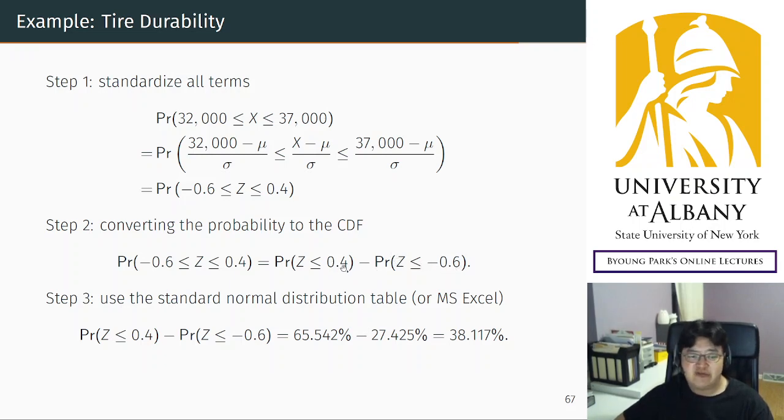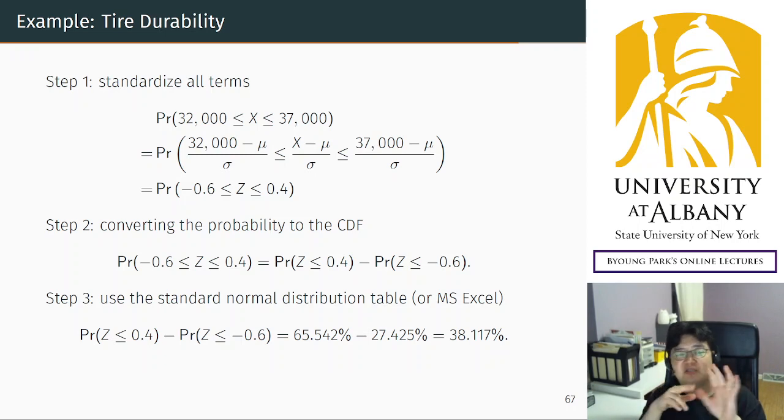So you have to find this probability and then find this probability. So use the calculator twice and then take their difference. The answer is 38.117%, right?